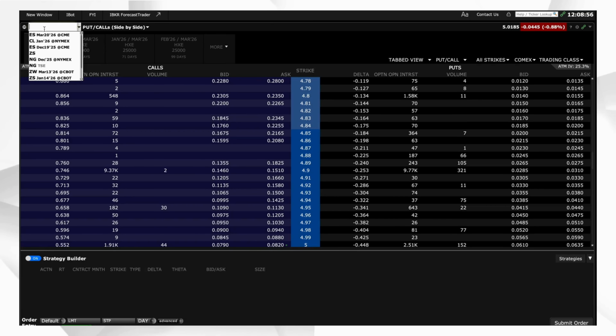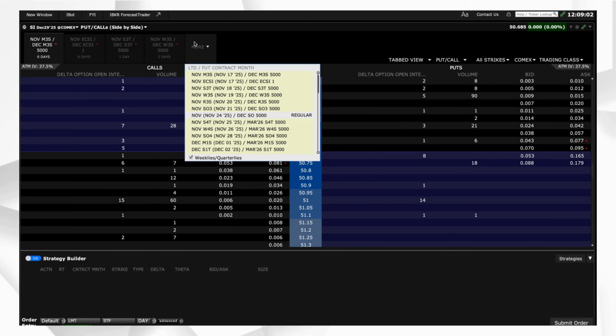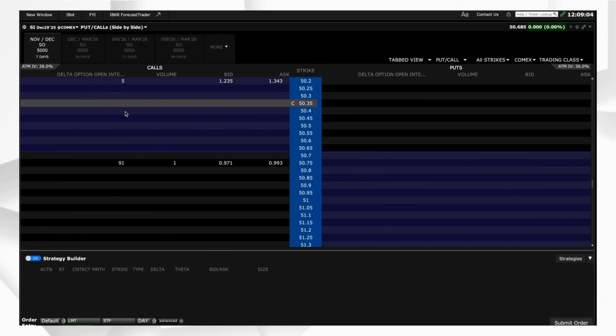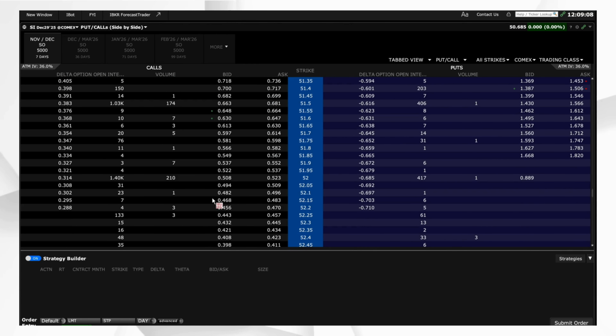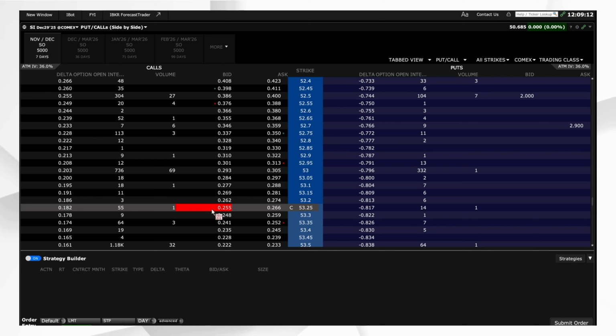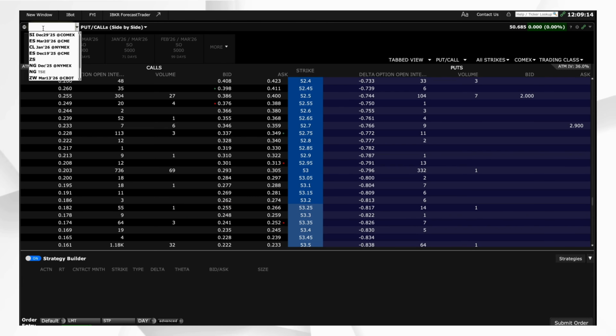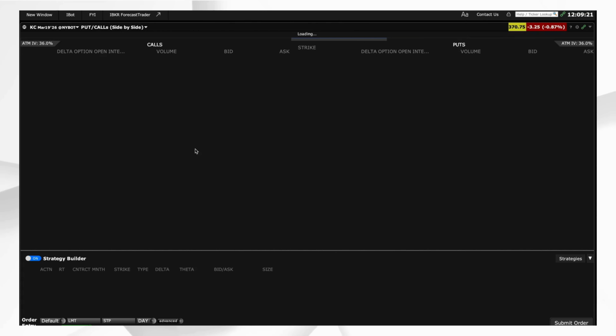Let's try and find something that is not really liquid. Let's try silver, for example. Usually copper with 7 days to expiration is not going to be that liquid, but obviously, in this case, it is very liquid. So let's try something else. Maybe we can try coffee futures.